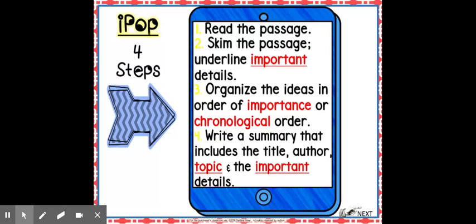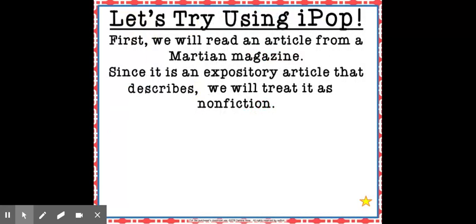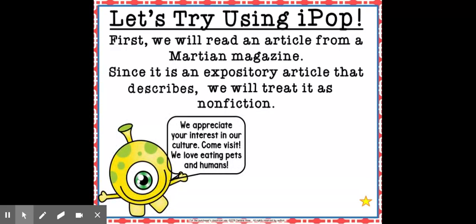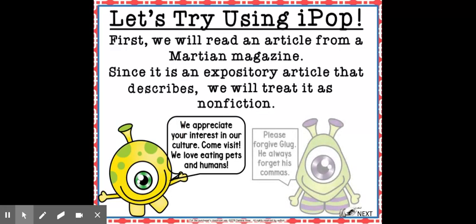Make sure to include the title, author, topic, and the important details. So we're going to take a magazine article from a Martian magazine. And remember, we're going to consider it a nonfiction piece, even though Martians aren't real. But don't tell them.